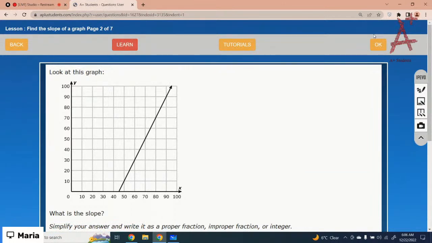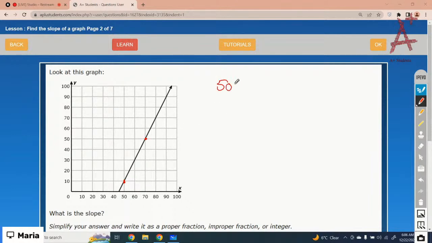Okay, look at this graph. So find any 2 points on the graph and find the slope. Got it? So this is the point I am using and this is the point. Got it? So the first one is 50 and 10.